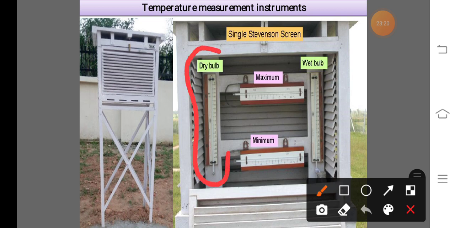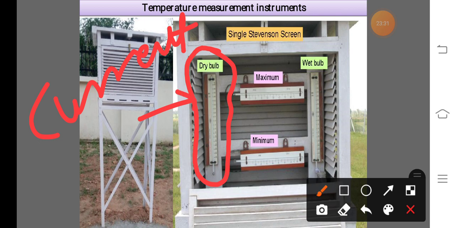Now the next, the dry bulb thermometer. It is used for measurement of the current atmospheric temperature. That means at any time you can observe it, and the dry bulb thermometer shows the current atmospheric temperature.